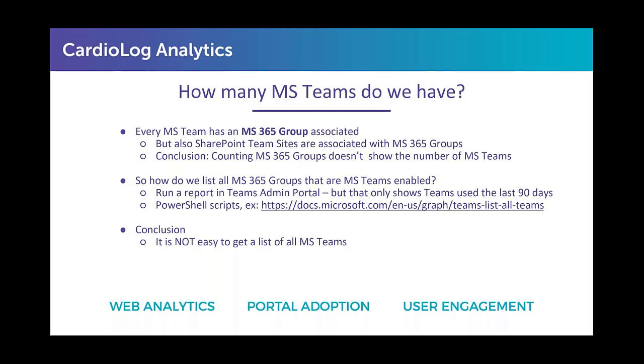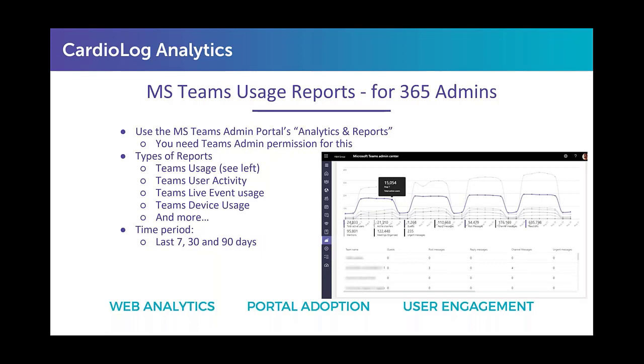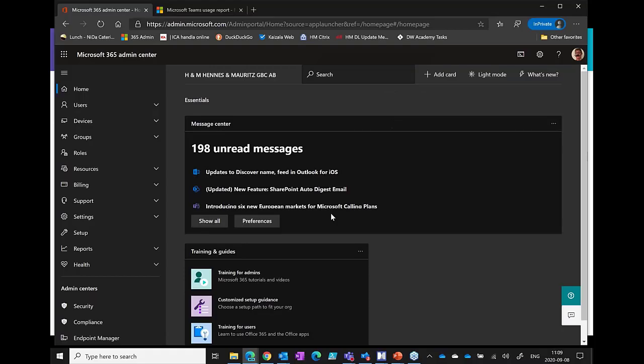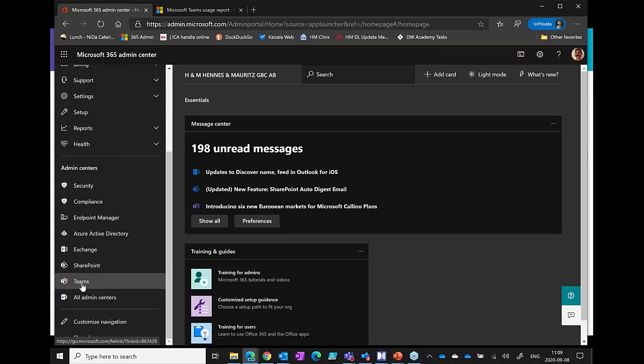So let's dive into these kinds of reports that you can create. There is something called Teams Admin Portal, and I'm going to show you that now. I'm going to start by showing you a little bigger one, and then I'm going to switch to my own tenant. So we have Teams here.